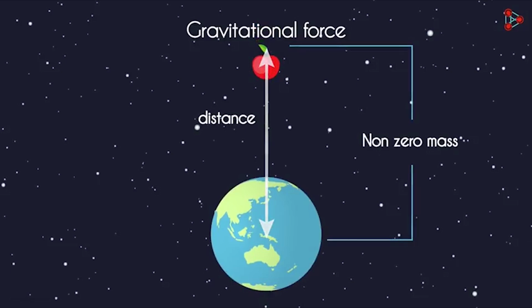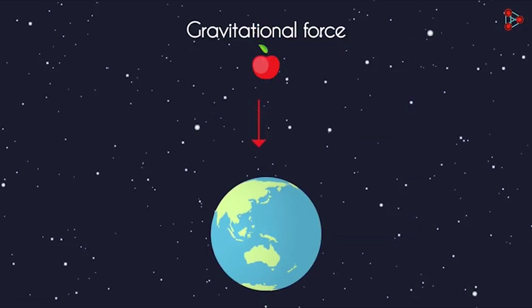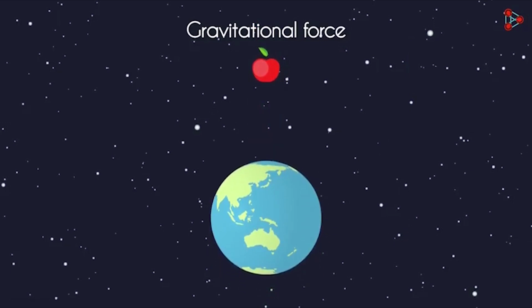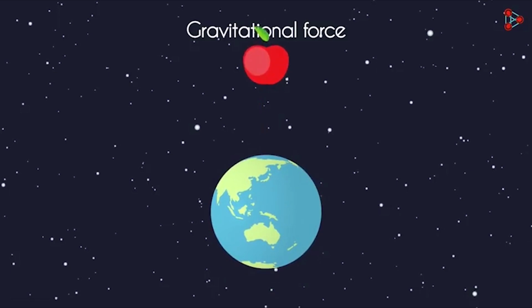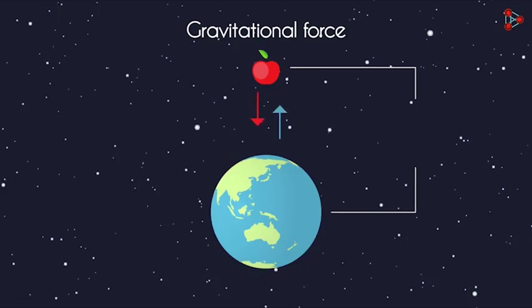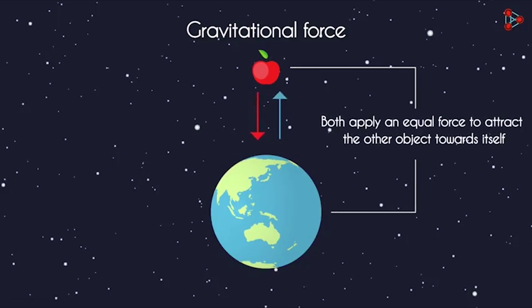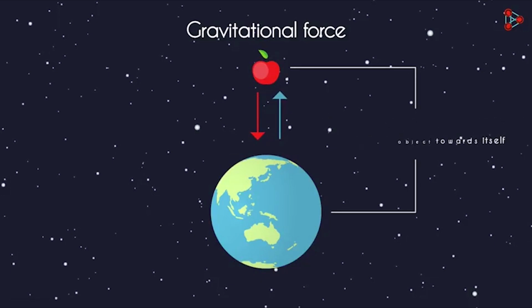So, does the apple fall towards the Earth, or does the Earth move towards the apple? In fact, they both move towards each other. Both apply an equal force to attract the other object. So, if the forces are equal, will they cause equal acceleration?